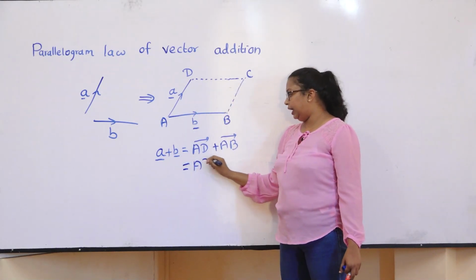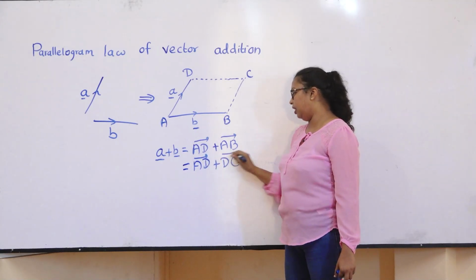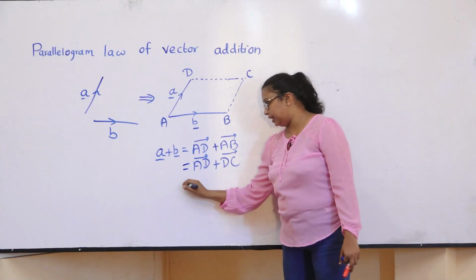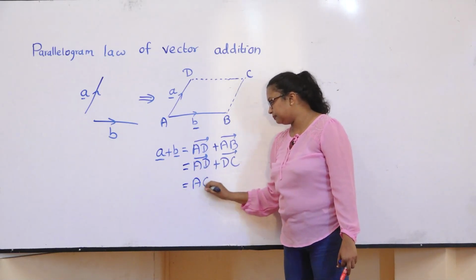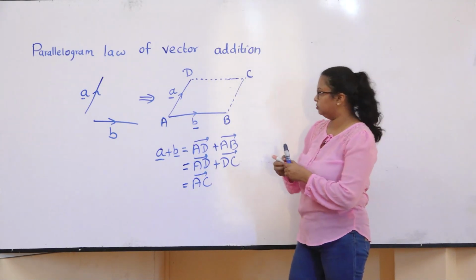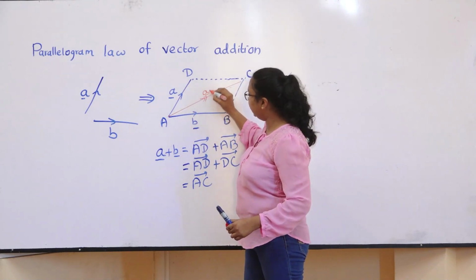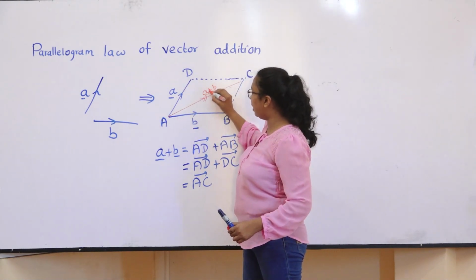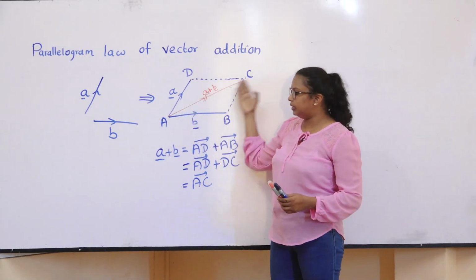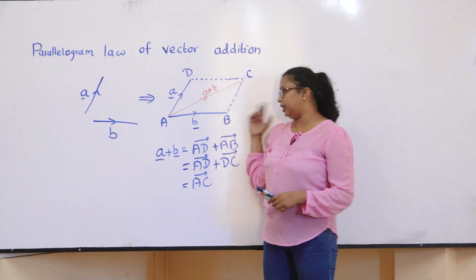Now, AD plus DC. Now we have the same capital letter in the middle. That means AD plus DC is equal to AC. What is AC? The resultant vector is given by the diagonal of the parallelogram. So, that is the parallelogram law. When you add two vectors, the resultant vector is given by its diagonal, right? That is the parallelogram law of vector addition.